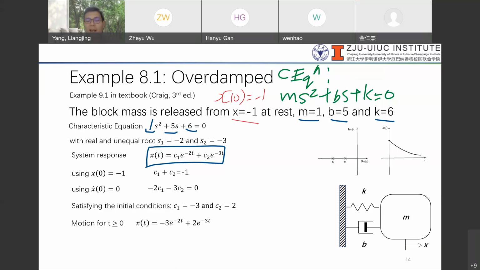Okay, so what is left now is to solve for C1 and C2. Okay, at rest. This part here, at rest, means that your initial velocity is equal to 0.